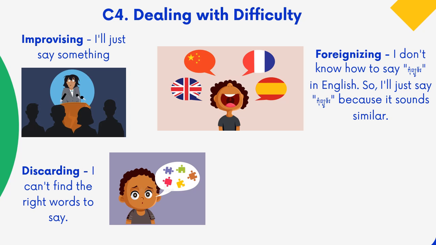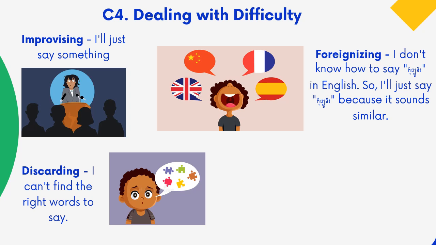They might pronounce something like that, thinking the listener will understand because it sounds very similar to the actual English word, but they don't know the word, so they replace it with another word in Khmer because it sounds similar to the English word. That's what it is. This kind of strategy can sometimes work, especially if the listener knows the language too, and the word is close enough to the foreign word, but it might confuse someone who isn't familiar with the Khmer word computer, right? So yeah, that could prove problematic as well.